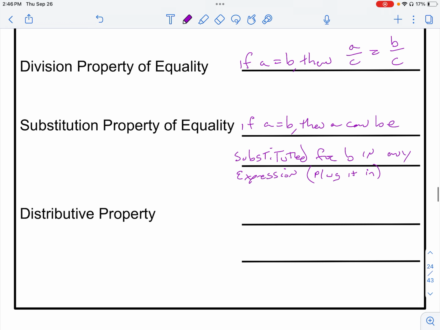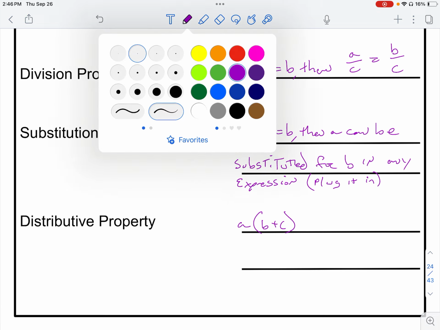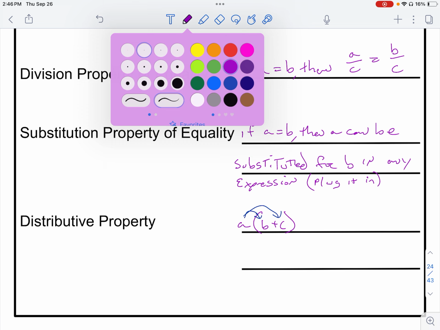That's substitution. And then our distributive property. Well, we know if we have an A and then a B plus C, we're going to distribute just like so.